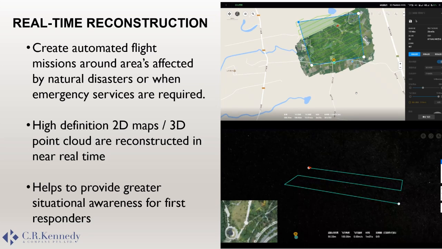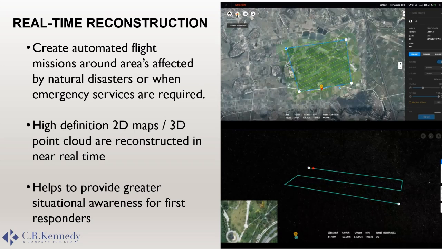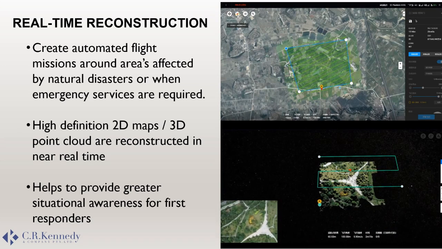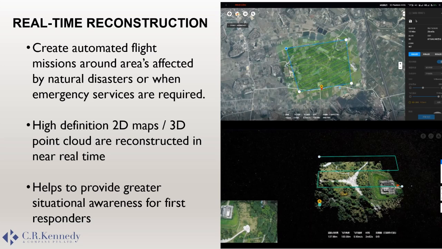First responders want to know what happened and why it happened. So if they can capture this data, say if there's a crash on the road, they don't want to be blocking the entire highway for a significant period of time, taking photos manually. What you do here, you just select the area that you want to map, and then DJI's Terra software will automatically create a flight route to ensure that all the photos that you need are captured.